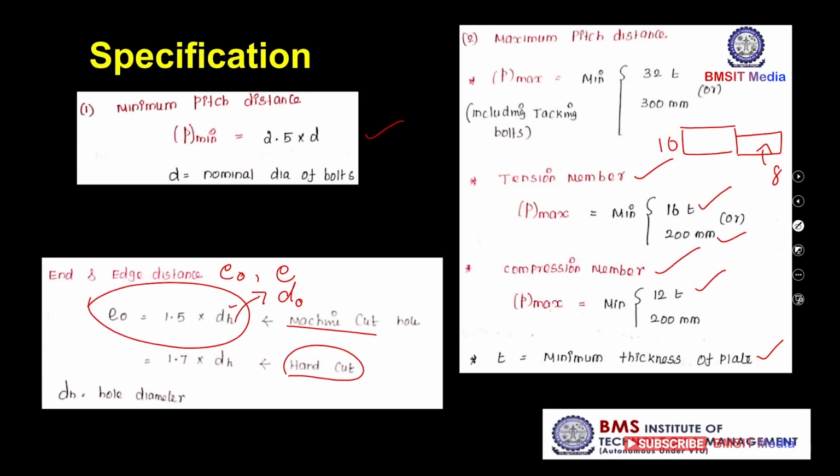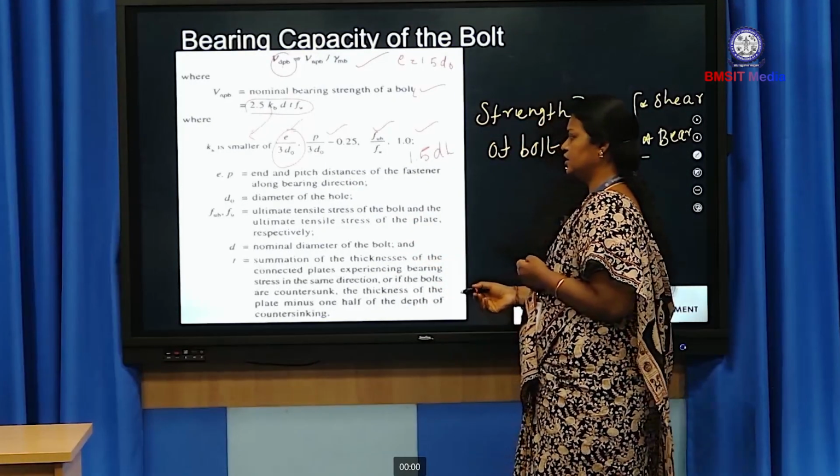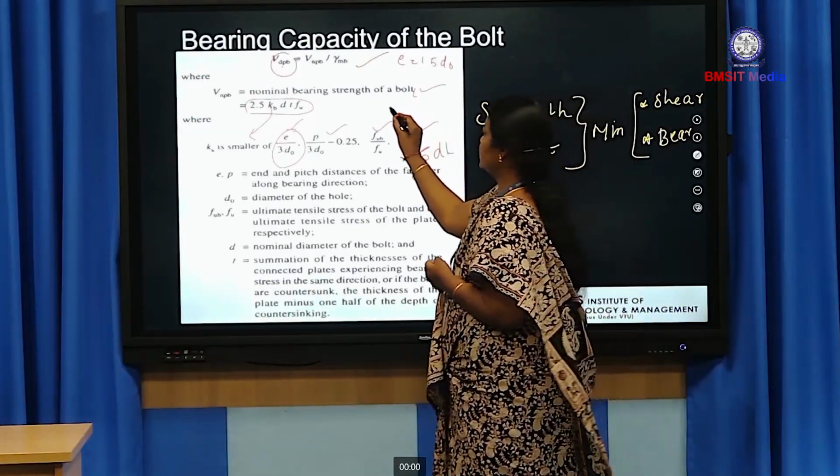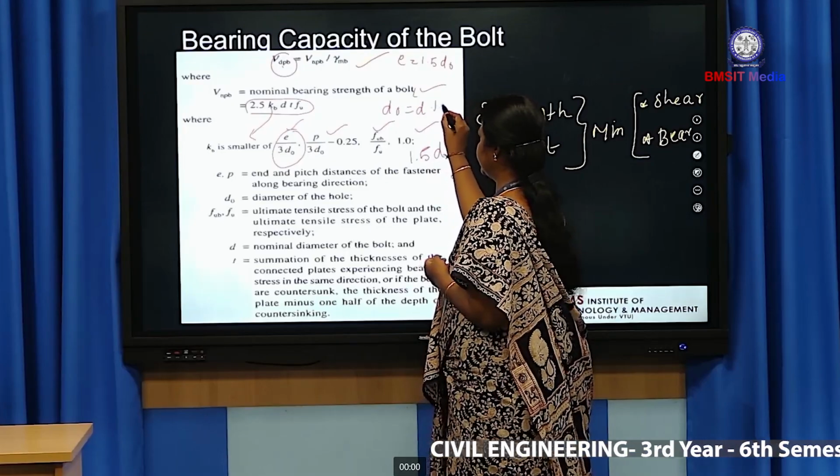Yes, see here, minimum edge distance or end distance is equal to 1.5 times d0. So, e equals 1.5 times d0. How will we calculate d0? d0 is equal to the diameter of the bolt plus clearance.